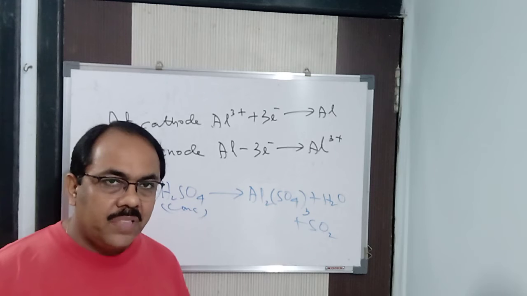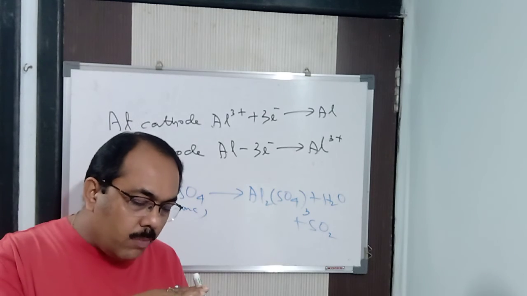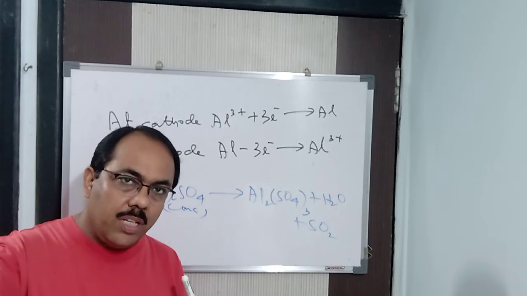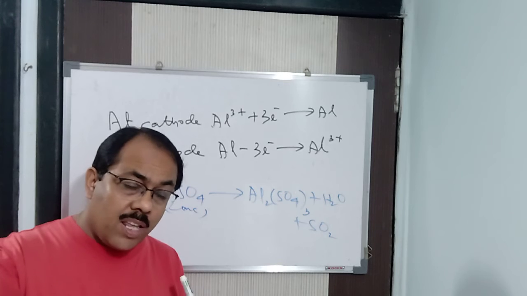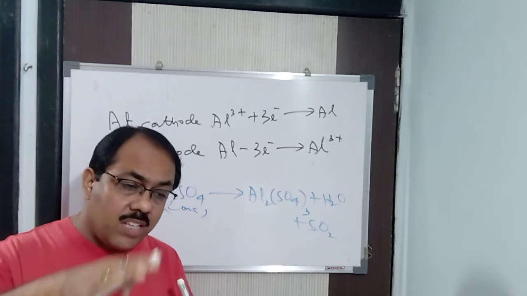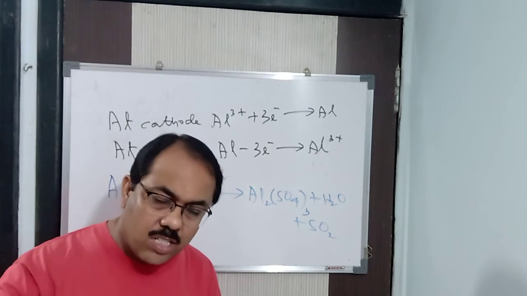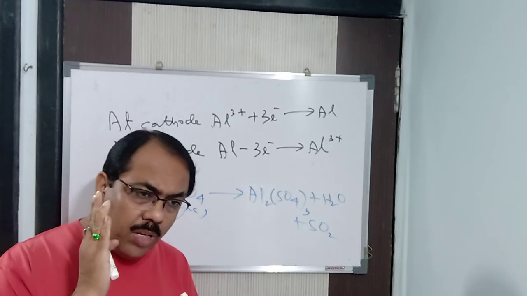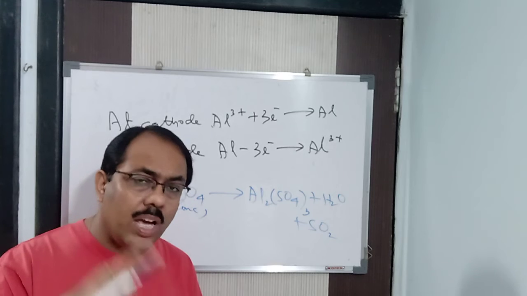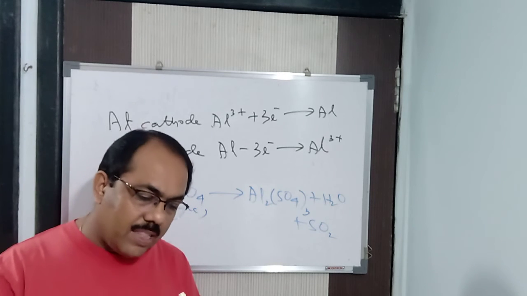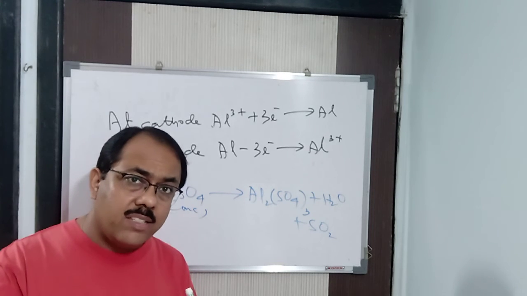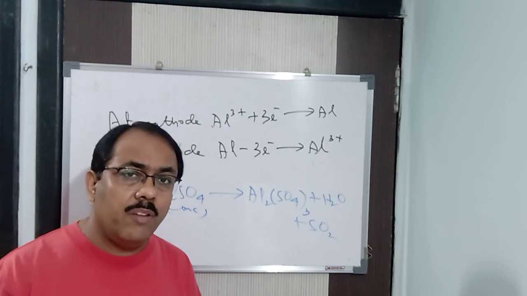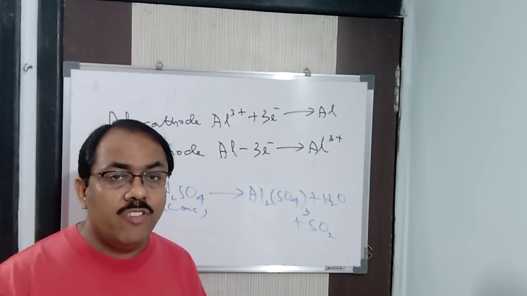Why? Because an insoluble layer of Al2O3 settles over the surface of aluminium, because here nitric acid acts as an oxidizing agent. It converts aluminium to alumina, Al2O3, and that Al2O3 is an insoluble layer. It settles over the surface of aluminium and prevents further reaction.